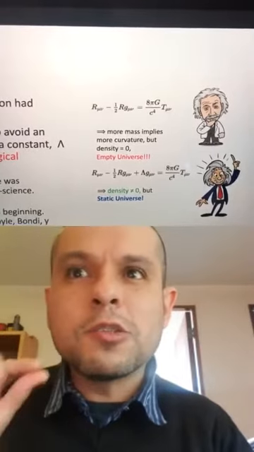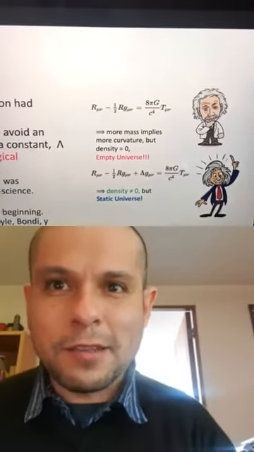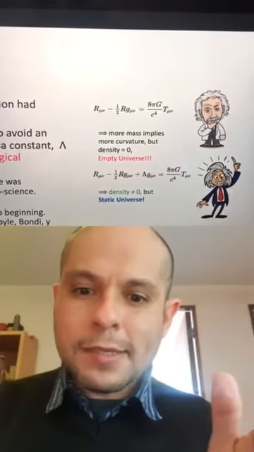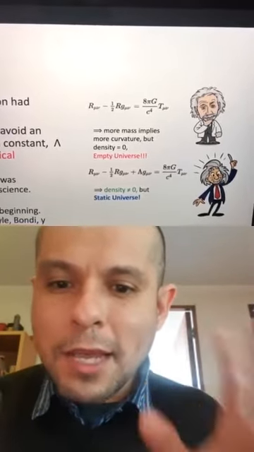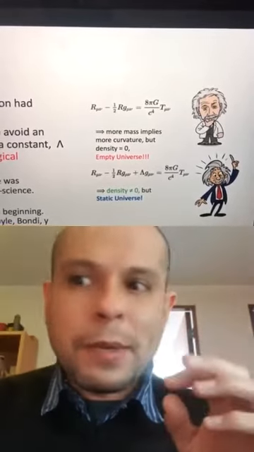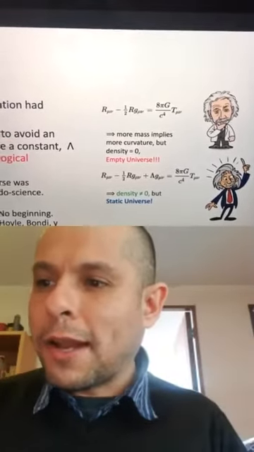He called it the cosmological constant. That's a beautiful name. That sounds very important. But it implies that the universe never expands. It had no beginning, nor an end.